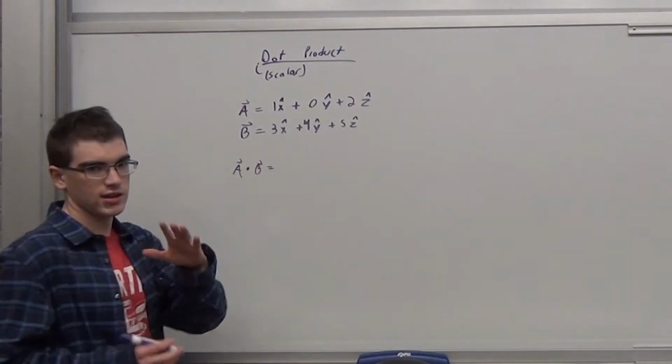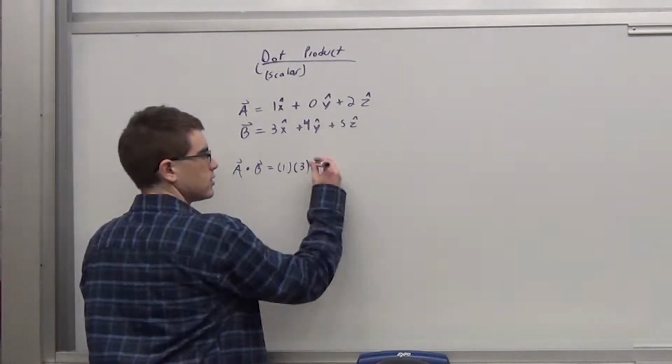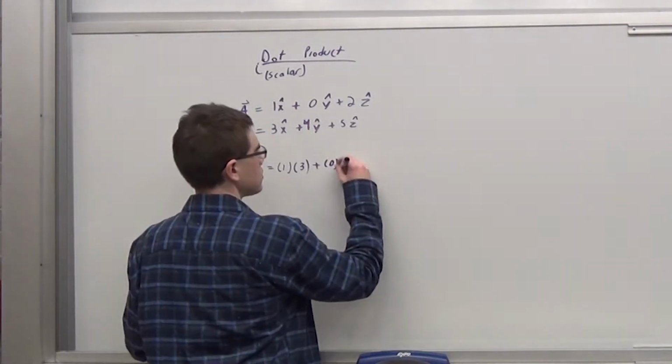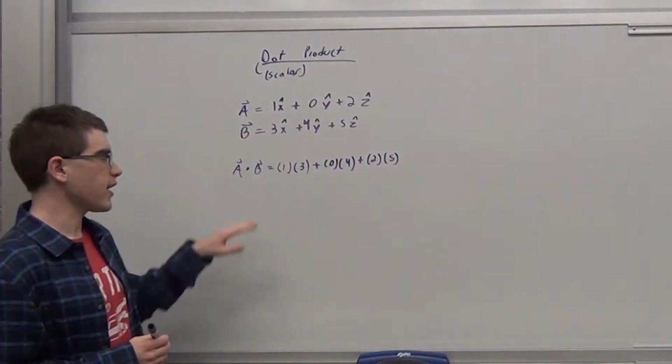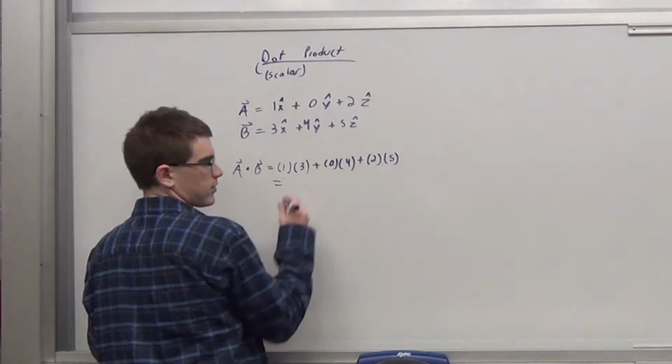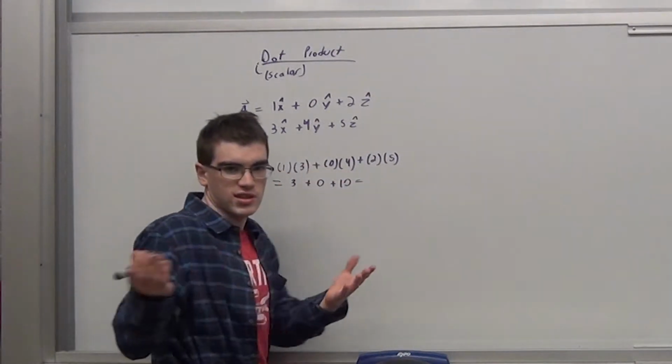So what this looks like is the x component, 1 times 3, plus the y components, 0 times 4, plus the z components, 2 times 5. So if I do the math here, we just get 3 plus 0 plus 10, which is equal to 13.